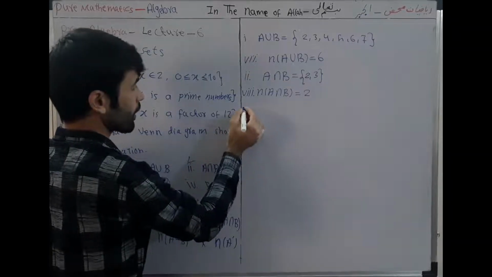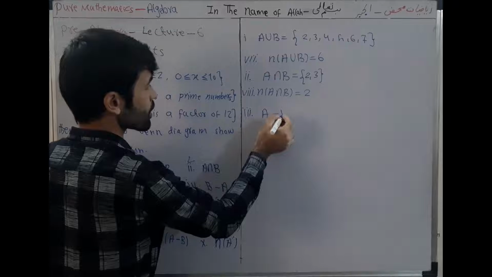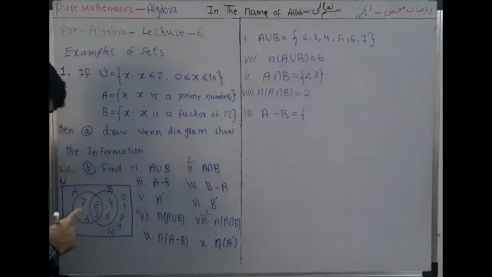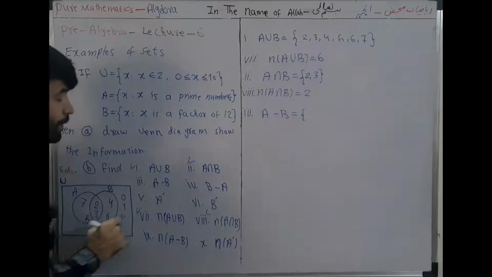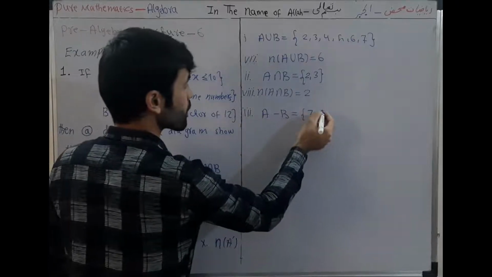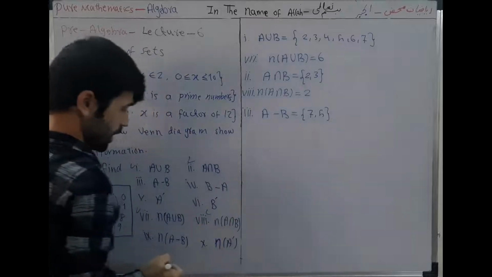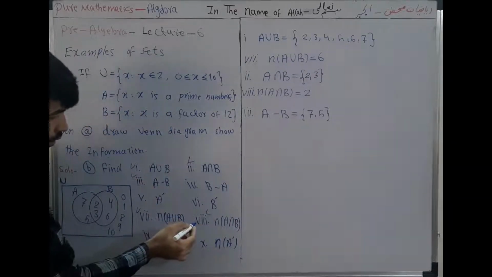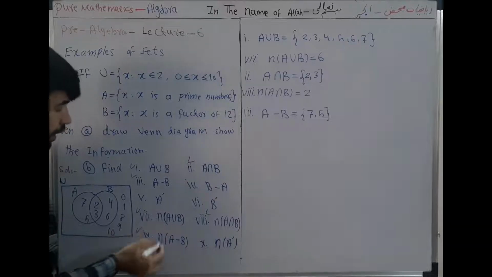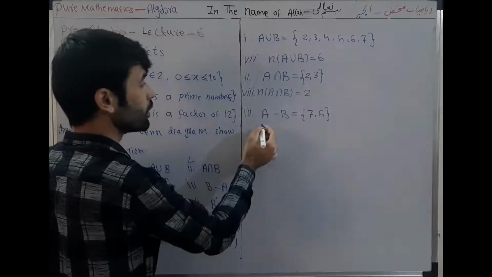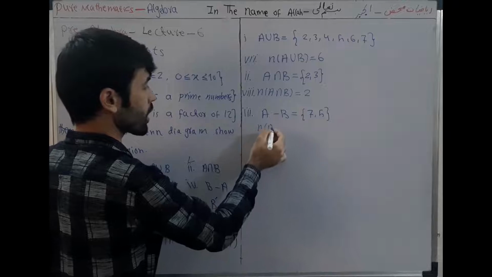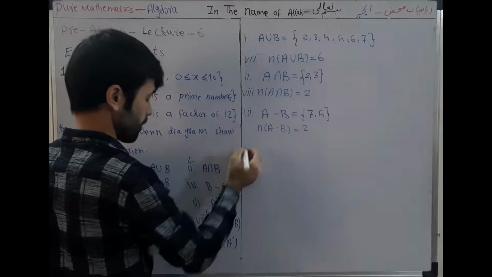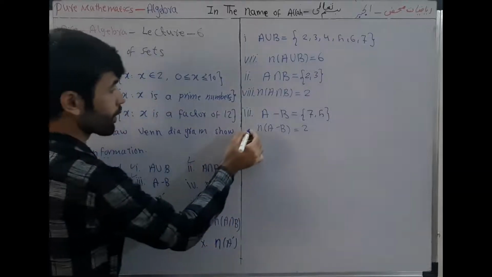Number 3, A minus B, the difference of A and B, is equal to {7, 5}. Here n of A minus B is equal to 2.